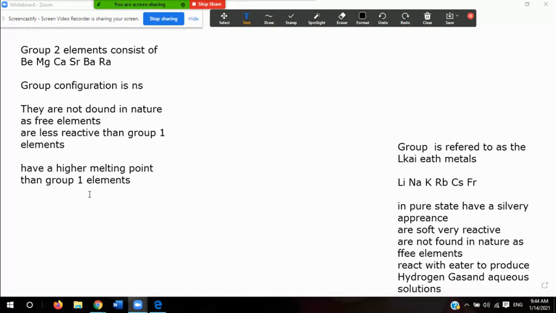Now, real quick, let's talk about some of the properties, if you want to talk about hydrogen and helium. Hydrogen specifically. Let me recap this right here. Hydrogen and helium.